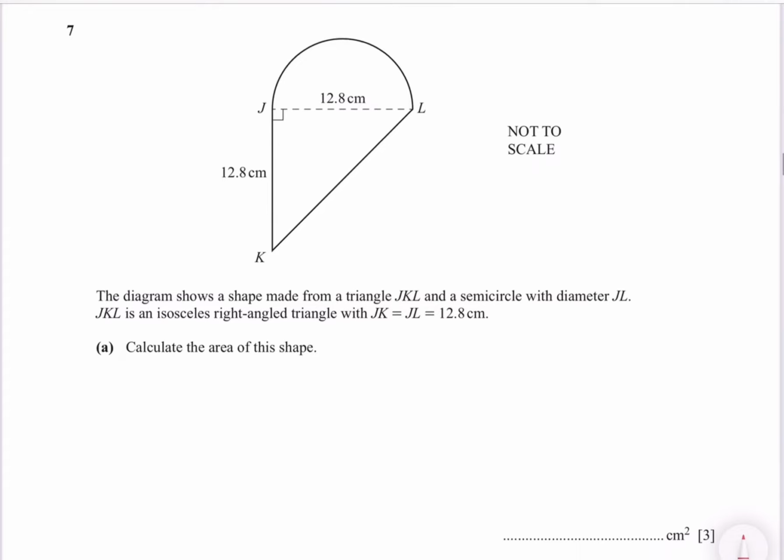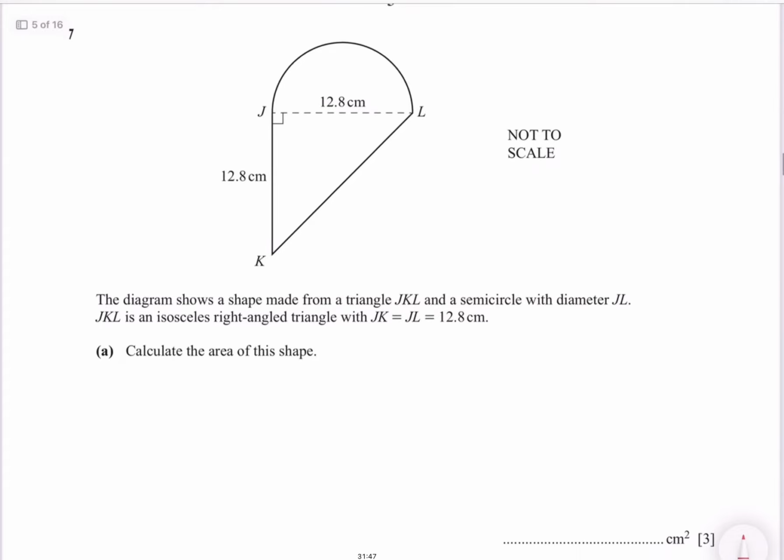Question number 7. The diagram shows a shape made from a triangle JKL and a semicircle with diameter JL. JKL is an isosceles right angle triangle with JK equals JL equals 12.8 centimeter. Calculate the area of this shape. To find the area of this shape, work step by step. First, find the area of the semicircle.